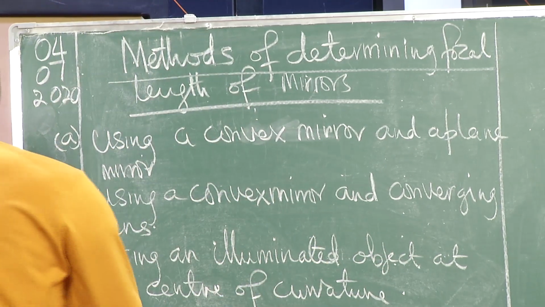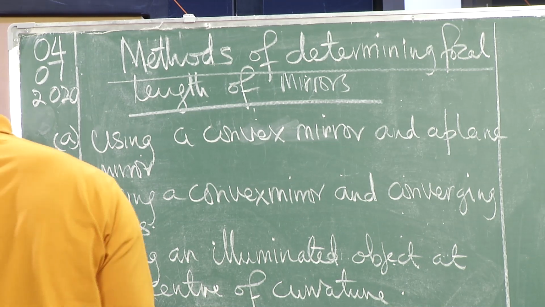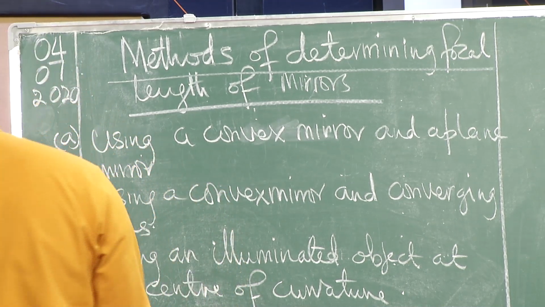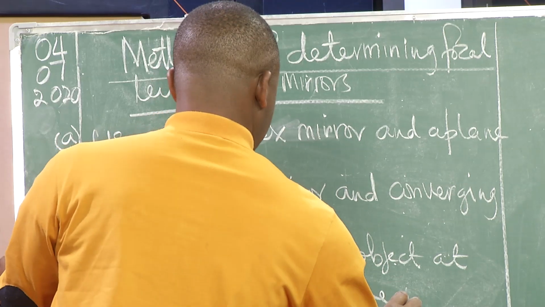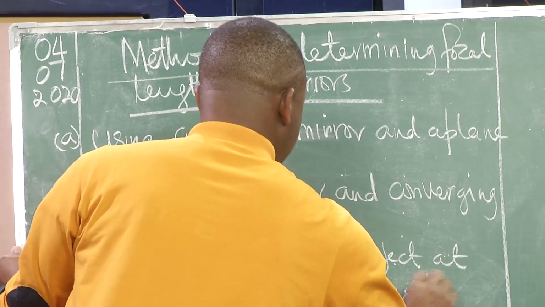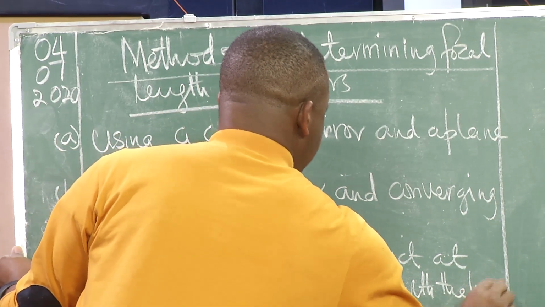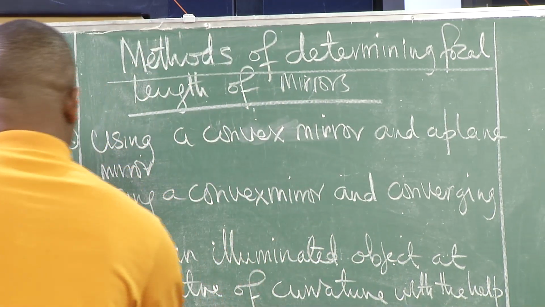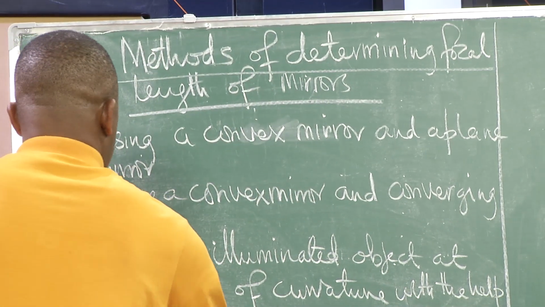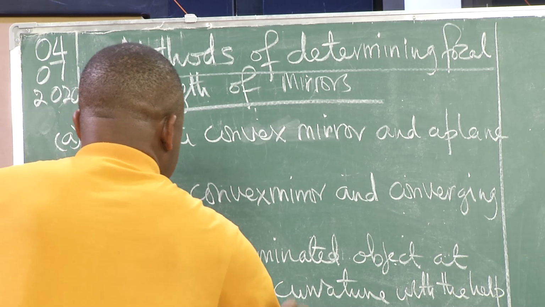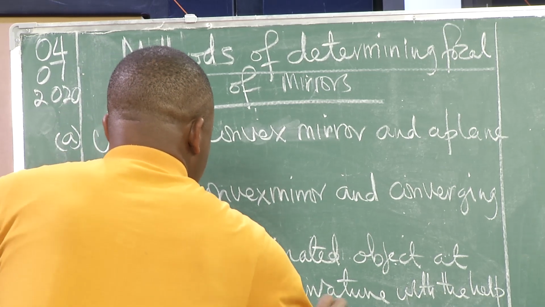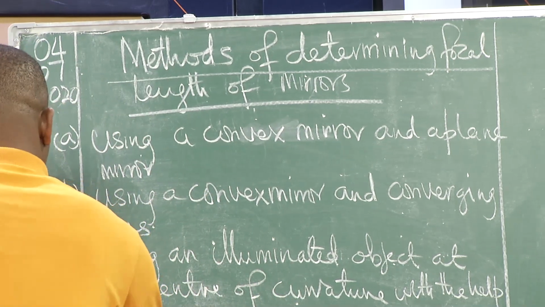Of course, it is discovered later that it is placed at the center of curvature, and with the help of a concave mirror now. In other words, the mirror used there is concave.